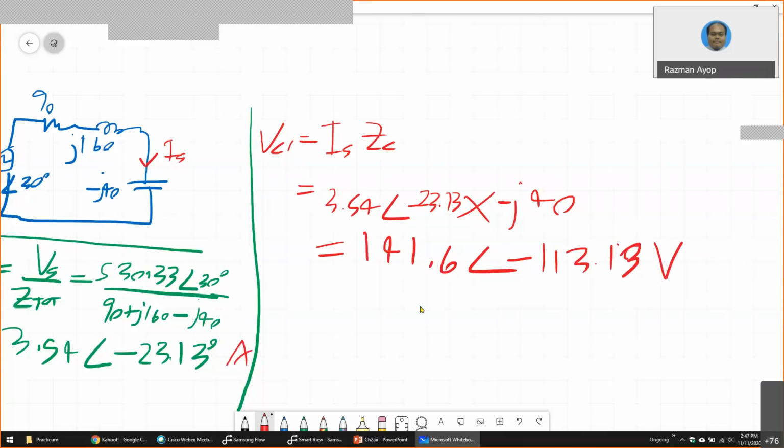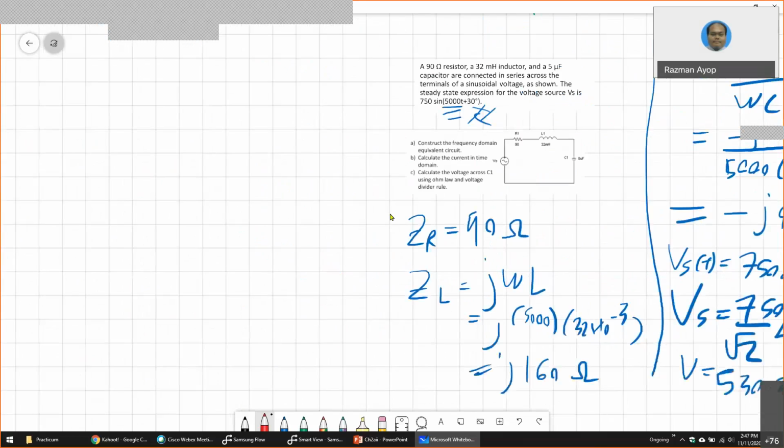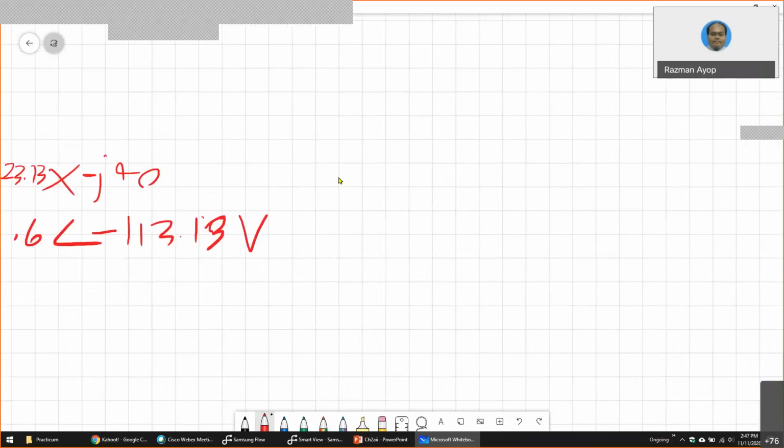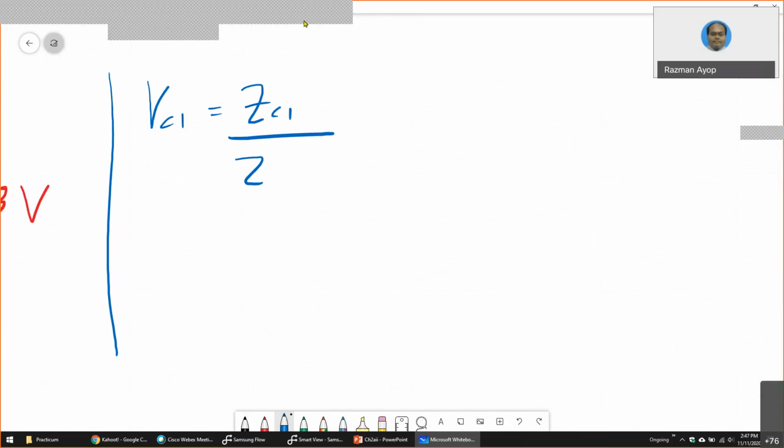How about the voltage division? For voltage division, you have to remember back. So if you use voltage division, VC1 equals ZC1 divided by Z total, multiplied by Vs. Remember back from chapter 1, the general formula.